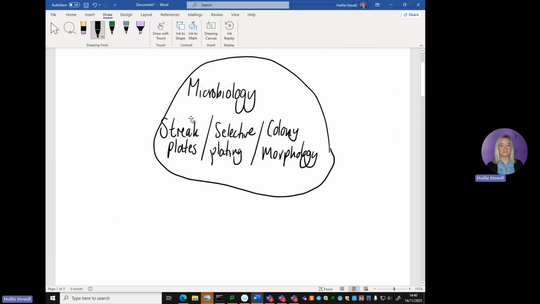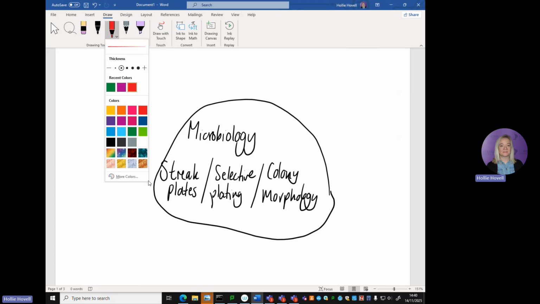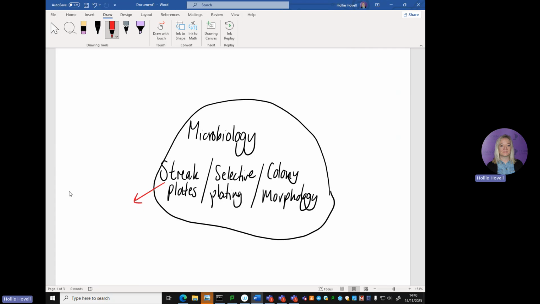The next one that we did was all the microbiology. So what are the sources of error in the microbiology? Now, there's quite a lot of things that went wrong in this. The results were not very clear. So first of all, it could be in your streak method, because if it's not done correctly, then you get no clear individual colonies.